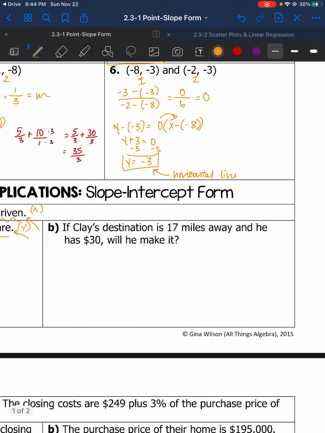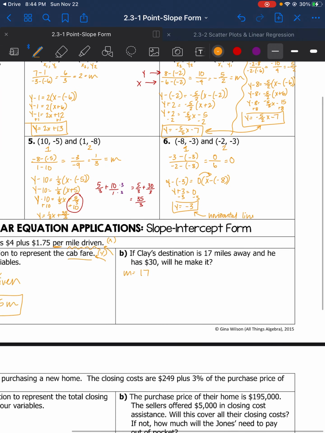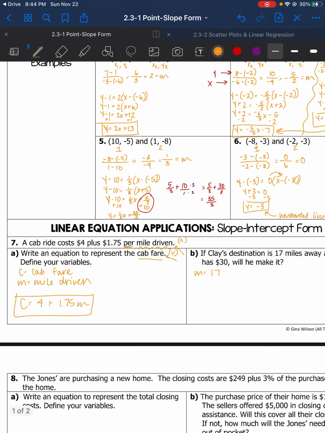If Clay's destination is 17 miles away, so our miles are 17, and he has $30, will he make it? Okay, so our equation we said was C is equal to 4 plus 1.75 m.